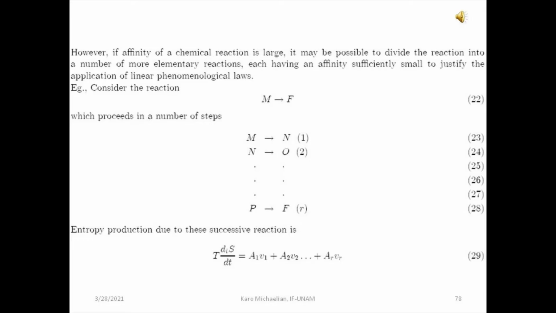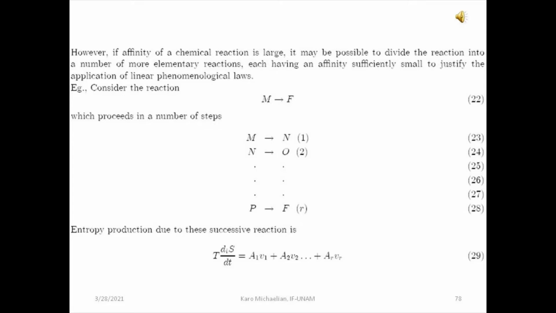So let's consider the reaction M going to F, and assume that this proceeds through a number of individual steps. First, for example, M going to N, which is reaction 1, and then N going to O, reaction 2, and then so on, down to P going to F, which is reaction R. So the overall affinity of M going to F may be large, but the individual affinities of each of these intermediate steps may be small.